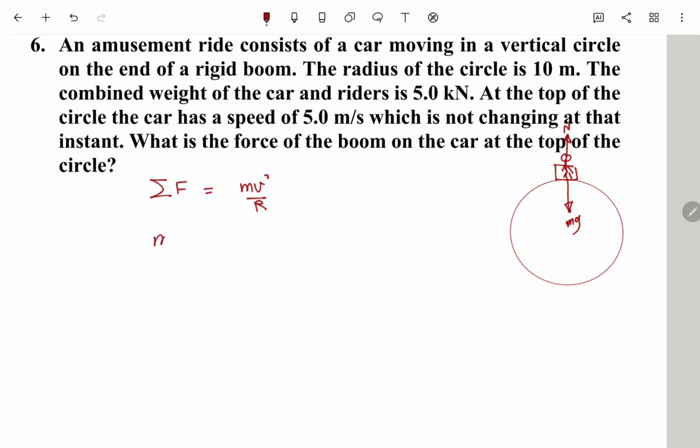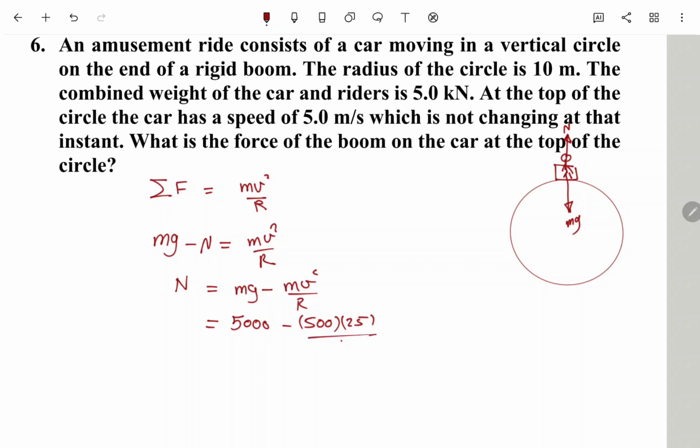So mg minus normal equal to mv square over r. In this case, the normal, that's actually the force exerted by the boom on the car. It's equal to mg minus mv square over r, and equal to 5,000 minus 500 times 25 divided by 10.